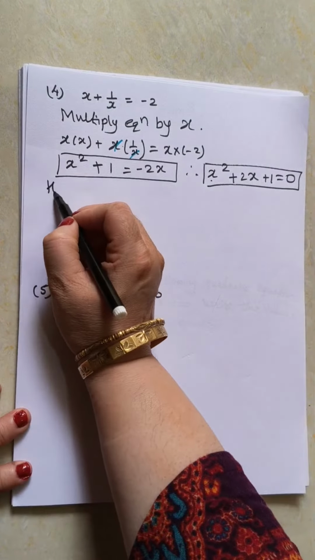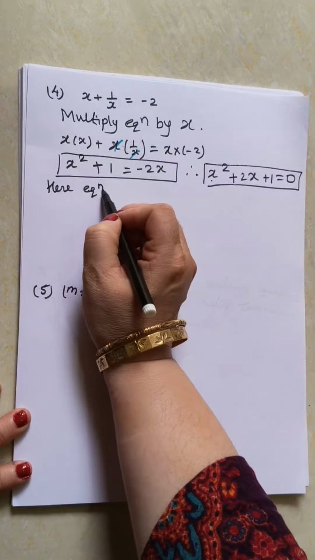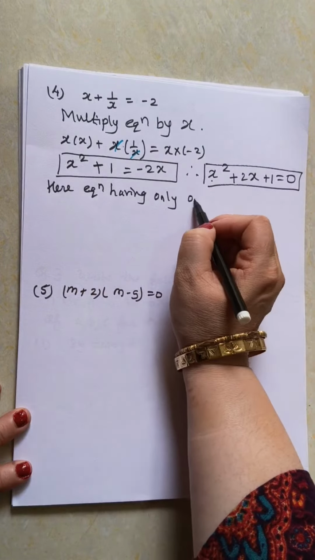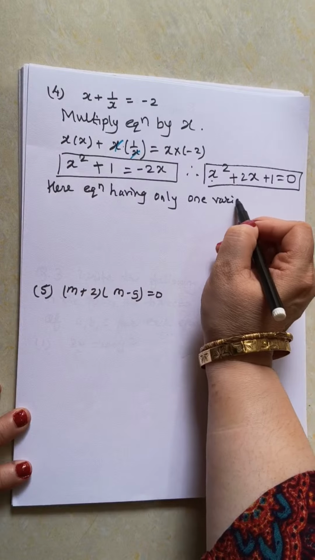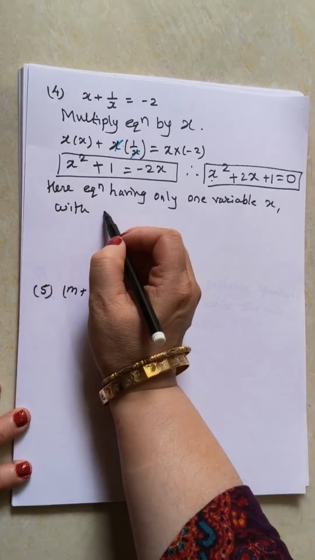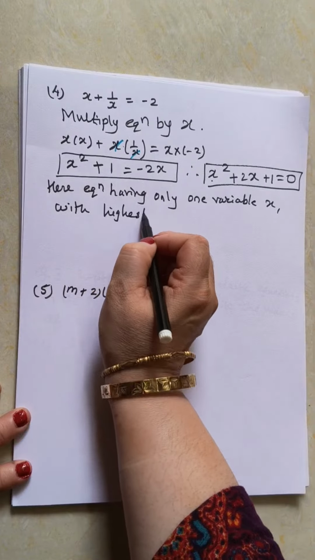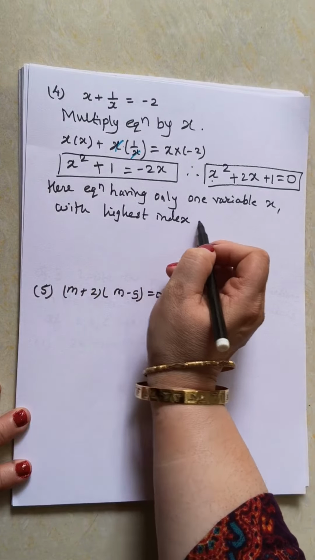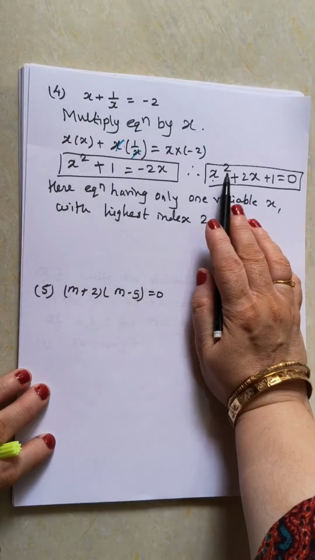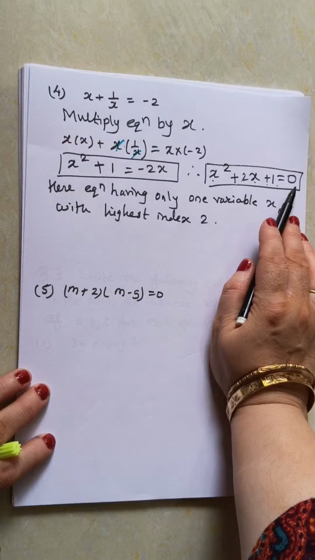Here the equation has only one variable, that is x, with highest index 2. See everyone, see this equation, x square plus 2x plus 1 is equals to 0.